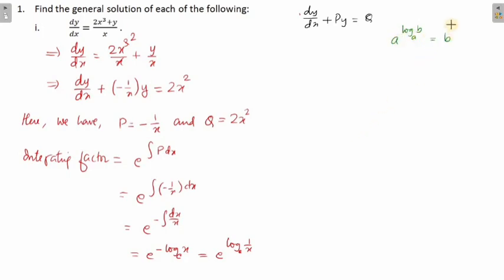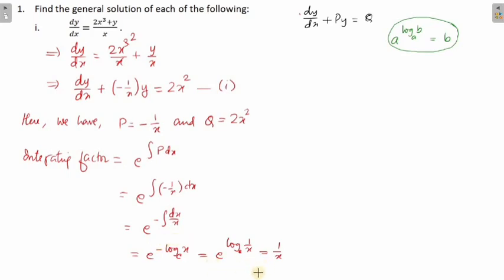This is one of the very important formulas from logarithm. If you don't know it, you may note it down. Here the base and the log match, so the value of this is going to be 1 by x. By the way, call this equation number 1.